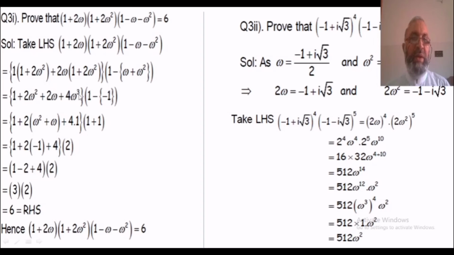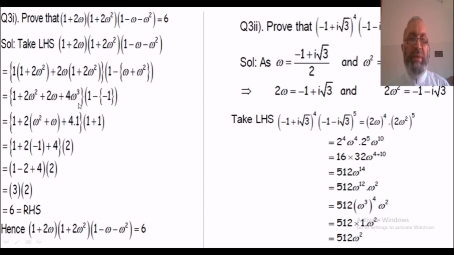to minus 1. In the first term, if we multiply these terms, we get 1 plus 2ω² plus 2ω and plus 4ω³. Again substituting the values, we get 1 plus 2 common in both these two terms. If 2 common, we get ω plus ω², or ω² plus ω, plus 4ω³, whose value is 1.